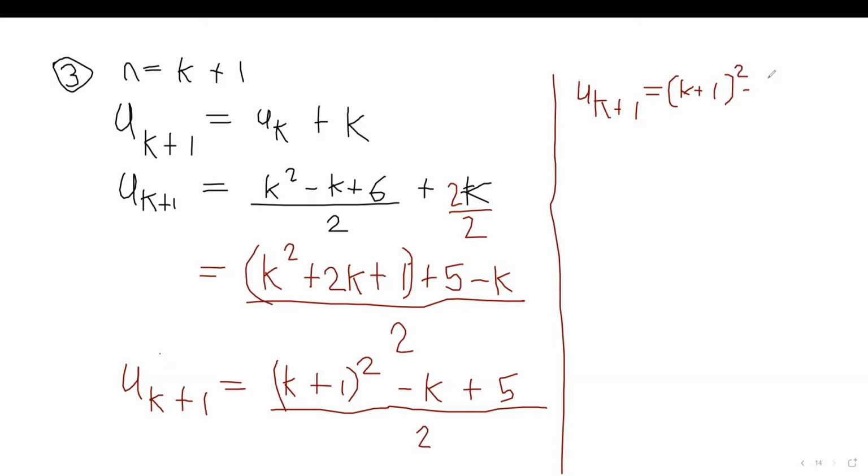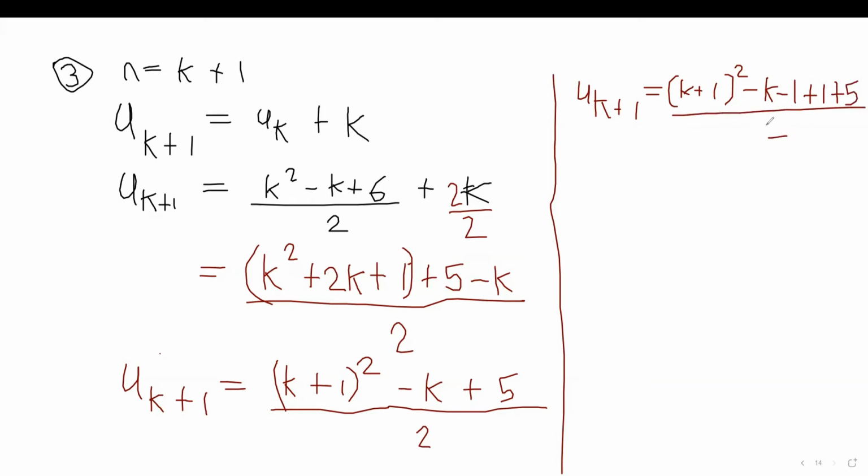We have a minus k here, we need a negative 1, so I'm going to subtract 1, but then I'm going to add back 1. Does that make sense? If I add back 1 after subtracting 1, I didn't trouble the question though. Yes, sir. All right, and then we'll put plus 5 over 2.